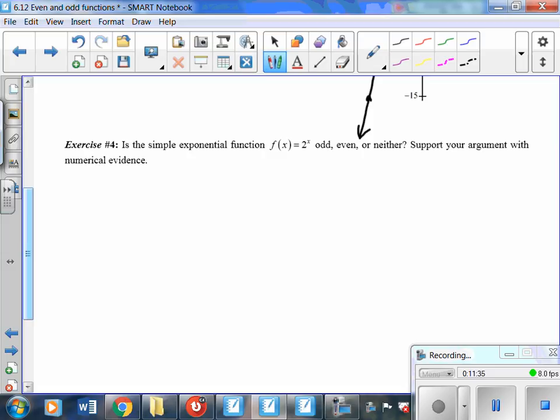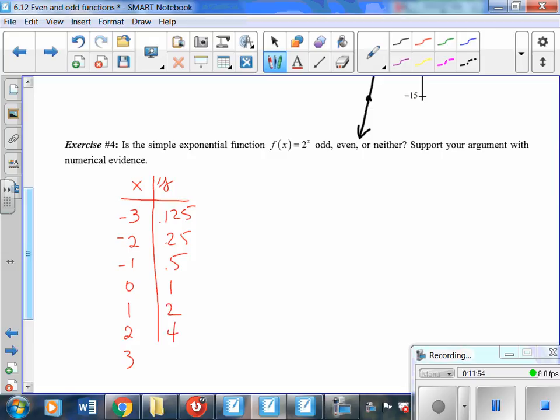Basically here, if you put this into your calculator and get your table, it looks something like this: 0.125, 0.25, 0.5, 1, 2, 4, and 8. So you can see this is an exponential function if you remember what that looks like. It looks something like this. So this will be neither.